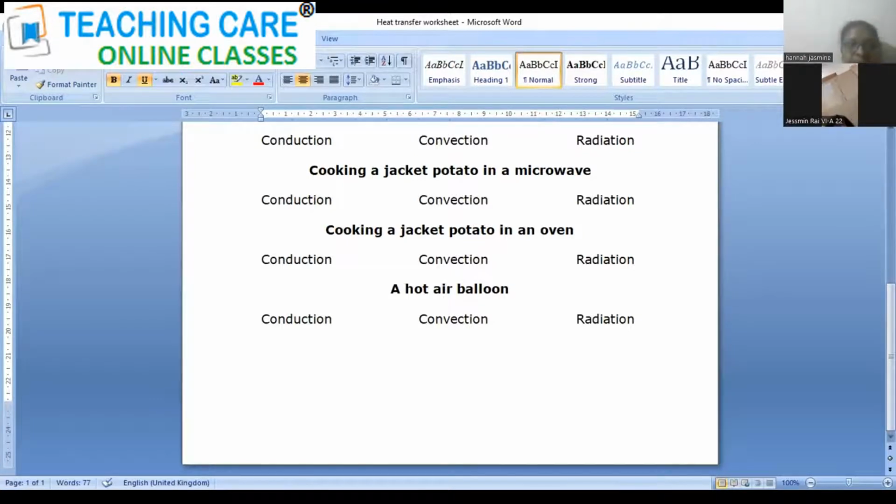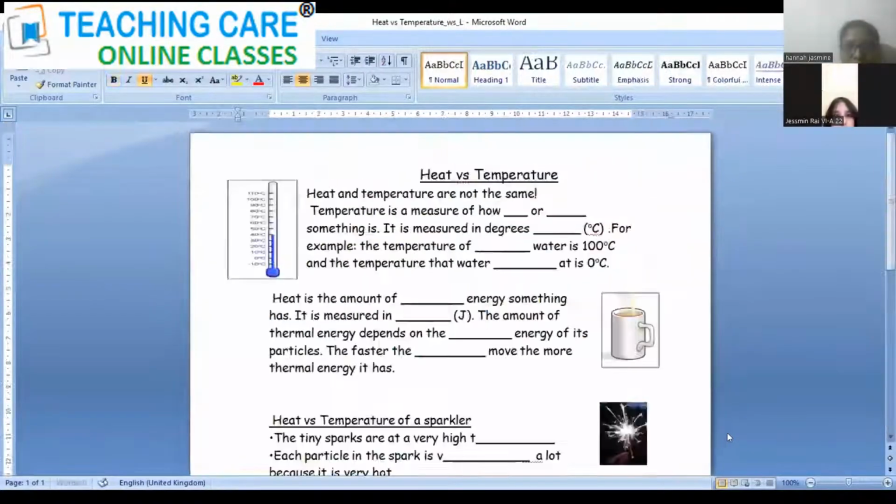Convection. Very good. Okay, so on to the next worksheet. Yeah, read that one.